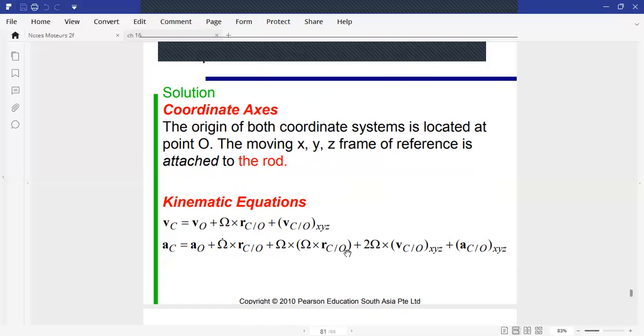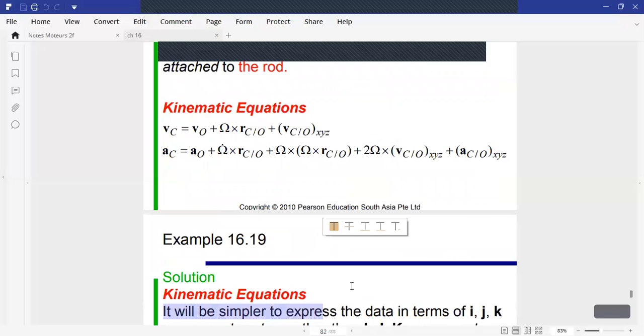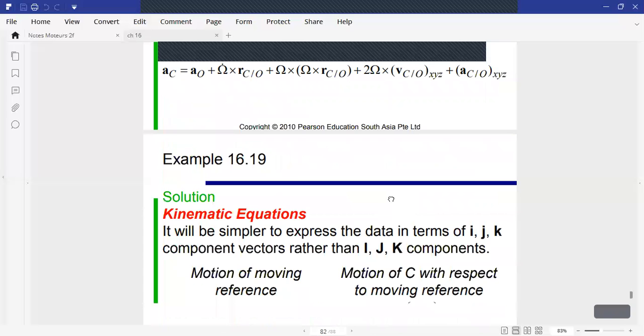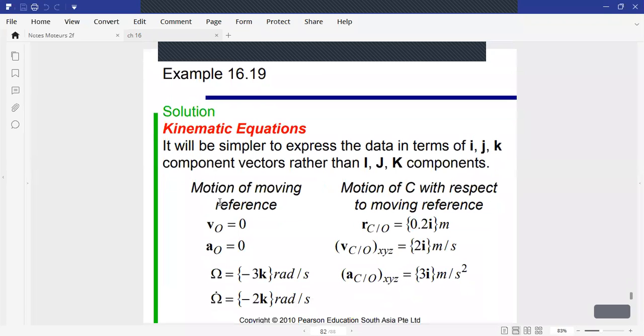Plus the Coriolis acceleration, 2 omega vectorial V relative, plus A relative. Now, if we apply these relations, we should set the moving frame and the fixed frame.